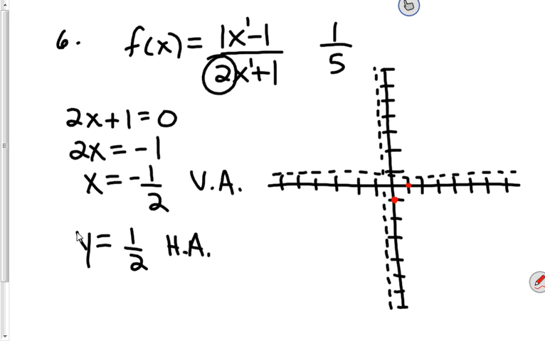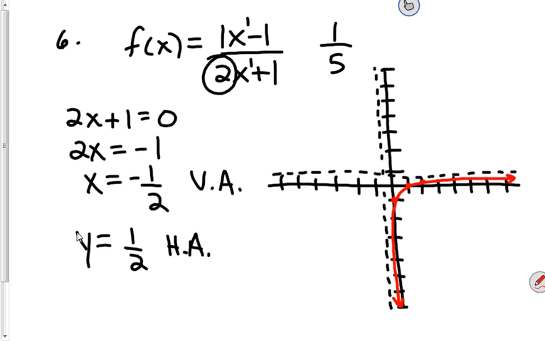So that's going to be slightly above there. We can see what's starting to happen here. Our curve is going just like that.